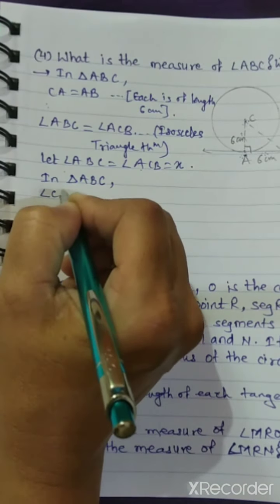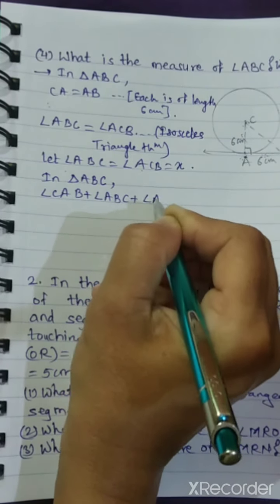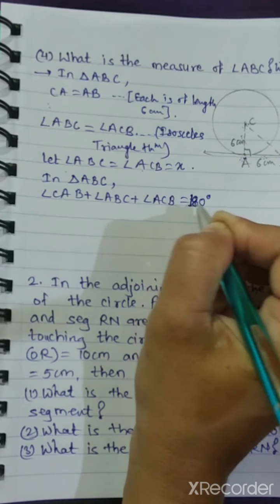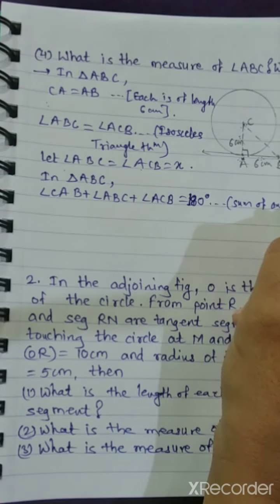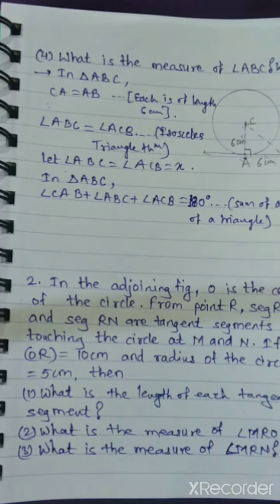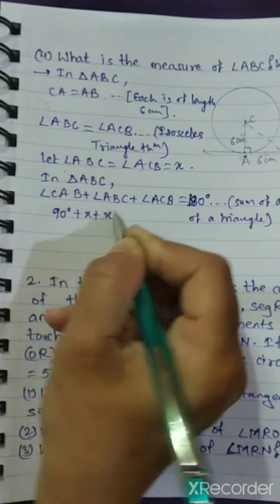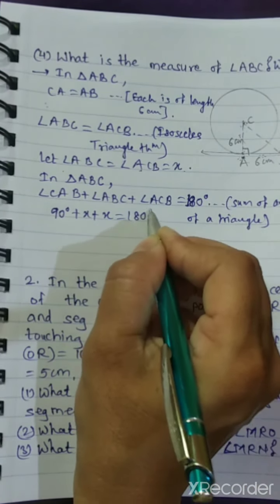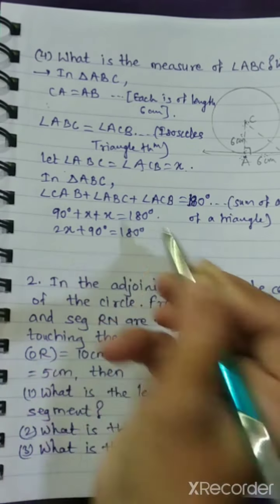Now in triangle ABC, the sum of the three angles of a triangle is 180 degree. Therefore angle CAB plus angle ABC plus angle ACB is equal to 180 degree, because the sum of angles of a triangle is equal to 180 degree. So here we can write 90 degree plus x plus x, which is equal to 180 degree. So 2x plus 90 is equal to 180 degree.